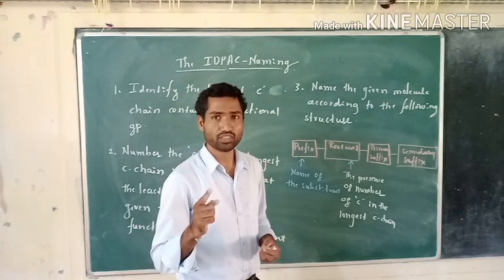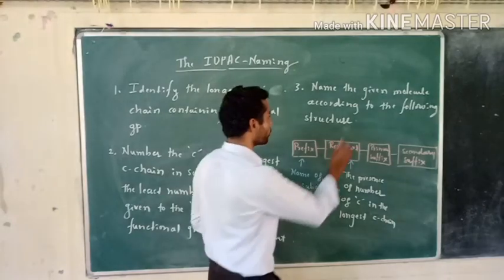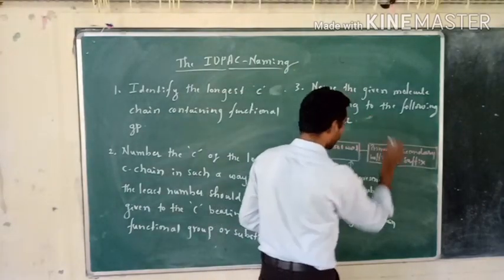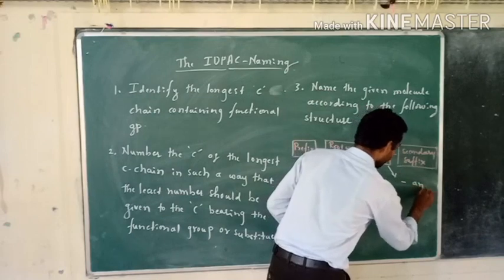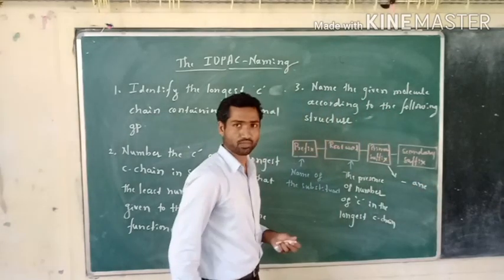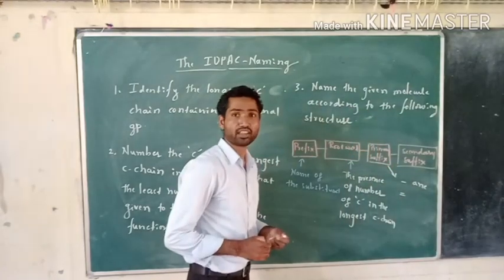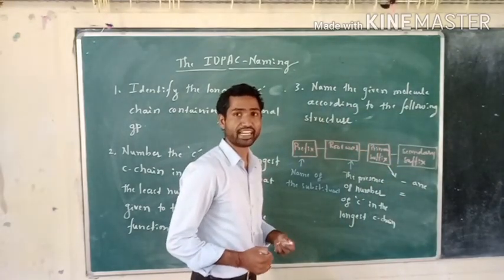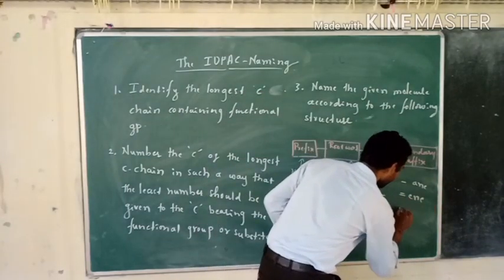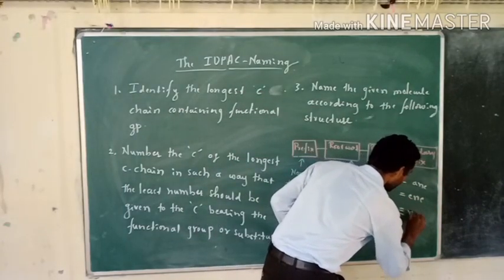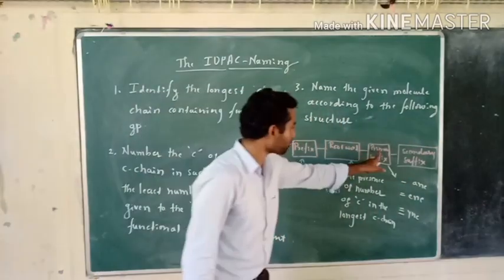If there is only a single bond between the carbons, then we use ANE as the primary suffix. If there is a double bond in the identified longest carbon chain, then we write ENE. If there are triple bonds, then we write YNE. So this is the primary suffix.